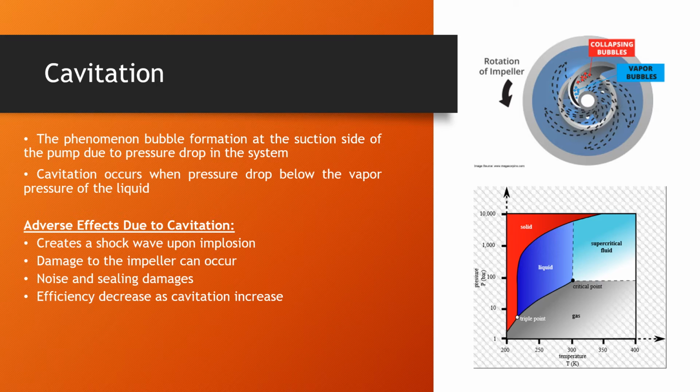And when these bubbles explode or implode, they create shock waves which damage the impeller and start eroding it. It also takes a toll on your efficiency. So you're damaging your impeller, you're damaging your sealants, you're performing with a lower efficiency, so cavitation is very bad for the pump.